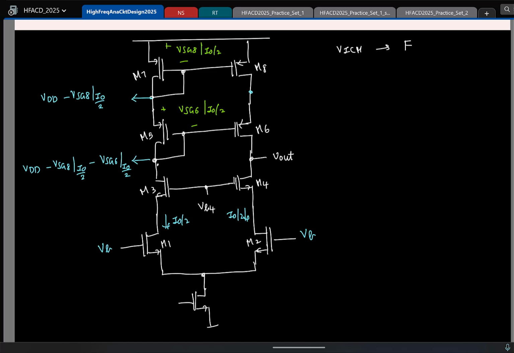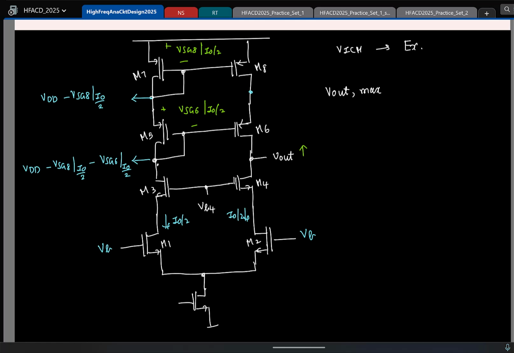What I will focus on here is just the maximum the output can go to. Let's just look at that. If I keep increasing the output, which transistor can go out of saturation? M6. So what is the maximum the drain voltage of M6 can go to?